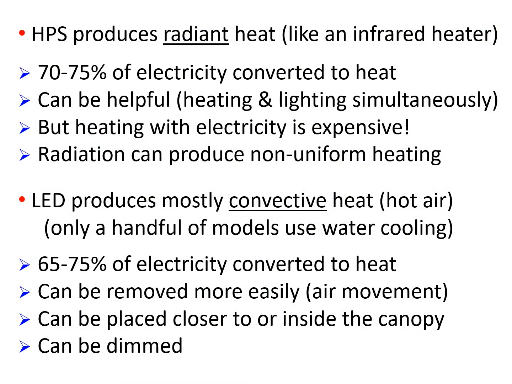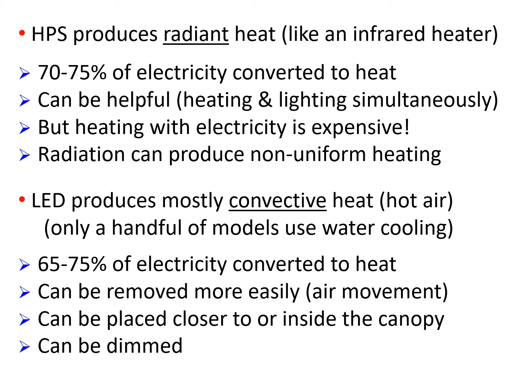One key difference between HPS and LED lamps worth highlighting is the difference in the type of heat they produce. HPS lamps produce radiant heat that can be useful when heating is needed to maintain the desired crop temperature. However, radiant heat often creates challenges for the crop when no additional heating is needed.